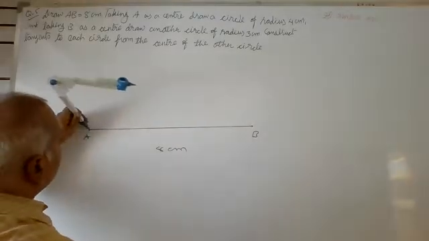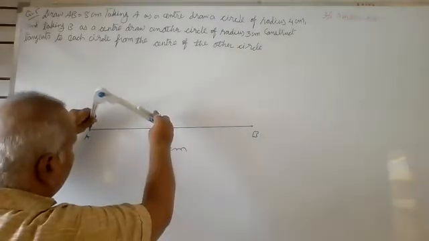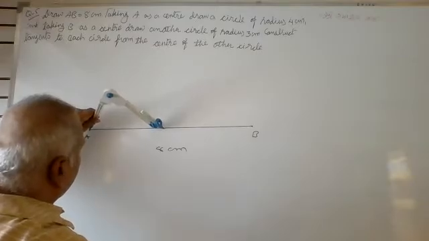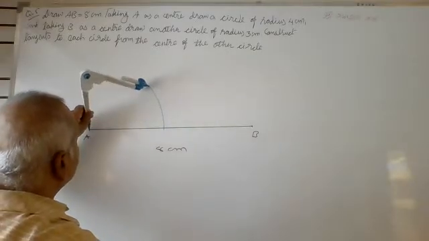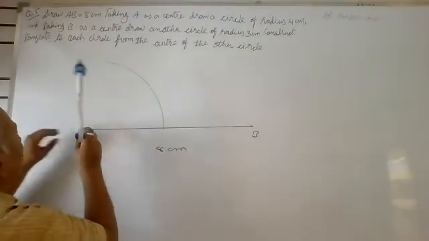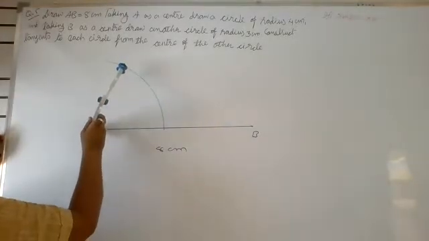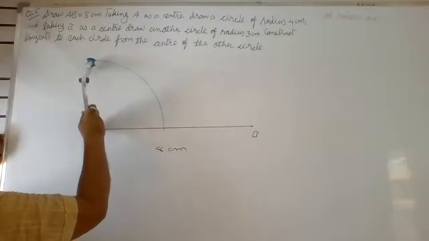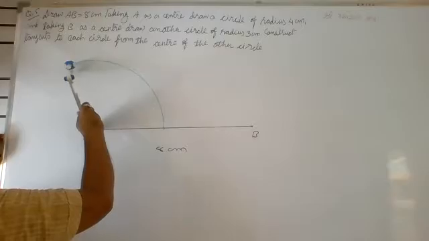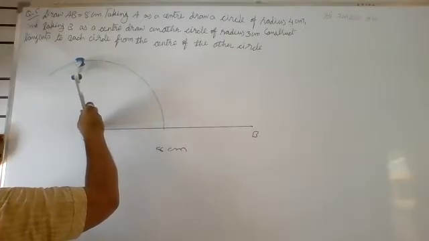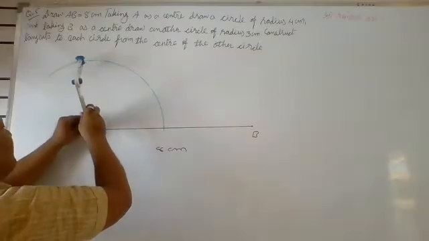Here I am drawing a circle with A as a center, like this. Mind well, the circle must be proper. You must take the measurement accurately so that you can construct the circle according to the necessity.